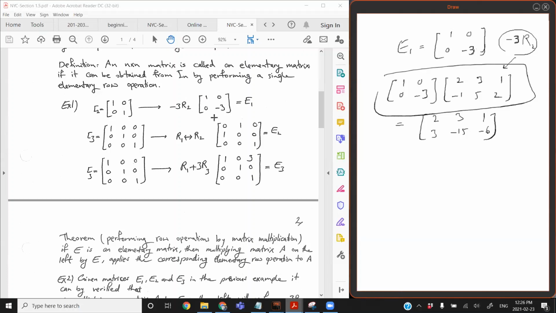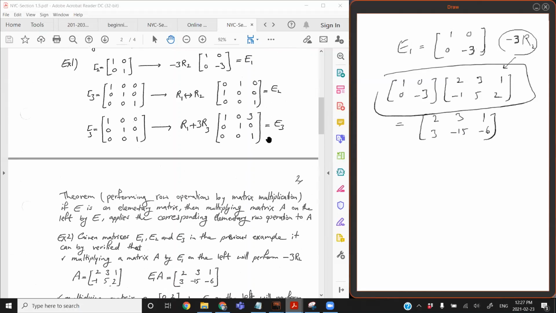And the theorem says, if you multiply a matrix by this elementary matrix on the left, it's as if you're performing this row operation. So that's what the theorem says. Did you multiply? Did you check this out? Of course, this is not a proof, but just an example. But it shows how this theorem works.